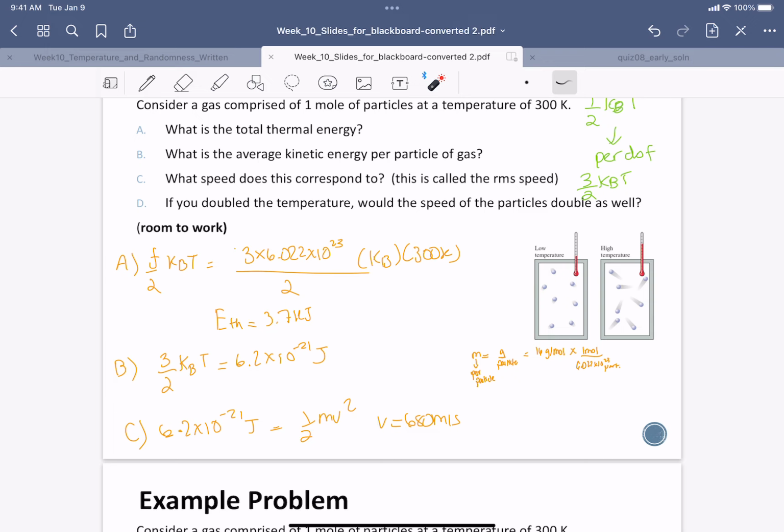Does that make sense? Or is that still unclear? And Kate, does that make sense too, both for B and C overall? Okay, awesome.